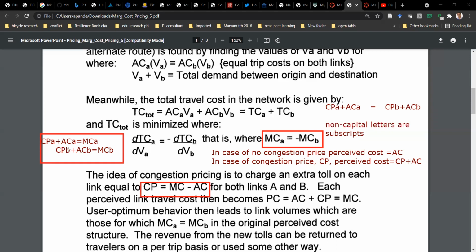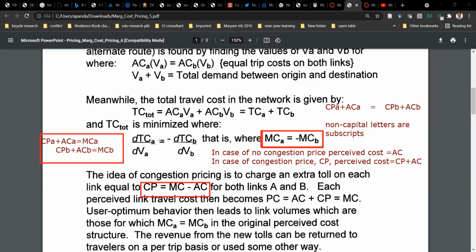The new perceived cost is nothing but marginal cost. So the drivers will end up doing this for you, and that will be the best thing for the system.